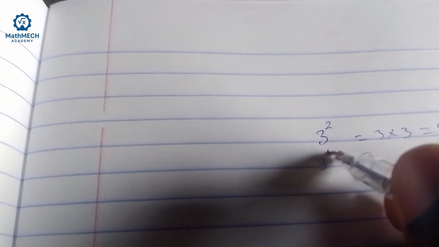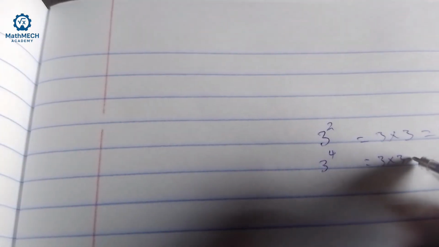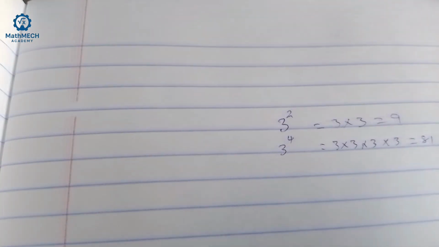We call it an index. So this 3 squared is just 3 times 3, which is 9. Alright. So when we have 3 raised to the power 4, it is what? 3 times 3, which is 9, times 3, which is 27, times 3, which is 81.